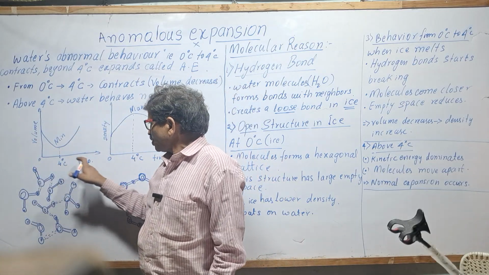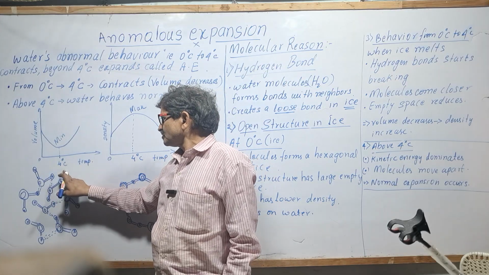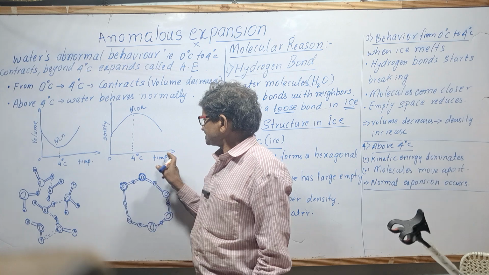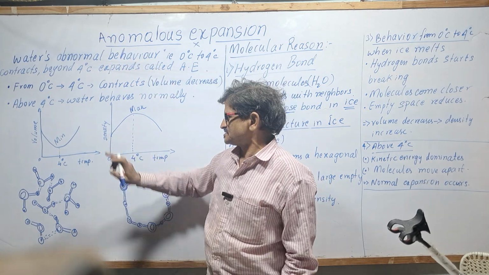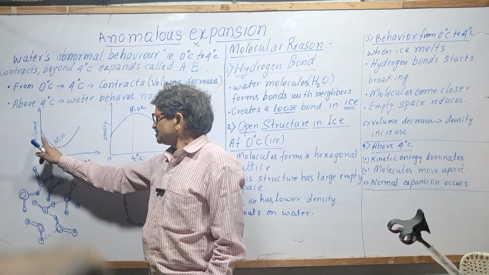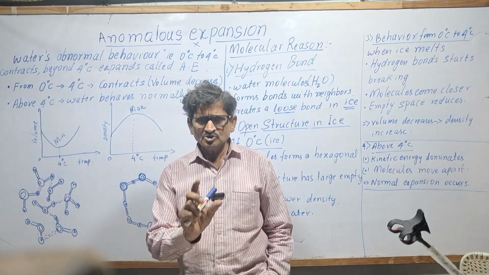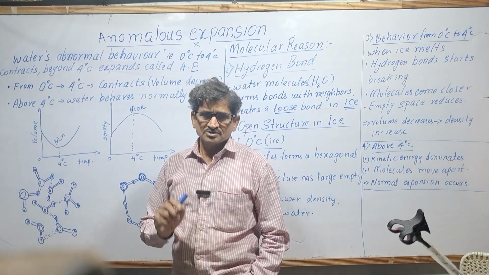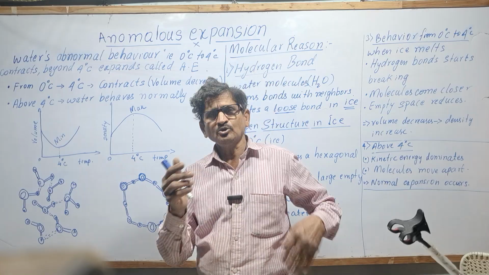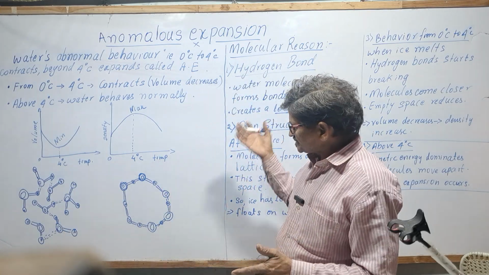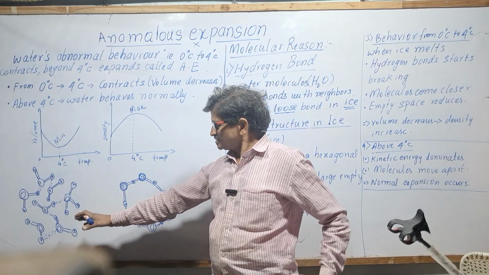Along the x-axis we take temperature and along the y-axis volume, and in the other graph, along the x-axis temperature and along the y-axis density. This graph shows that at 0 degrees Celsius, the ice point, its volume is higher. Why it increases, later on we can see from the atomic structure.